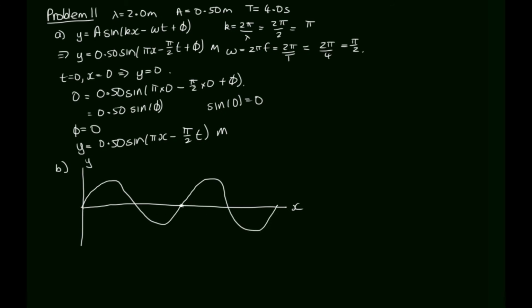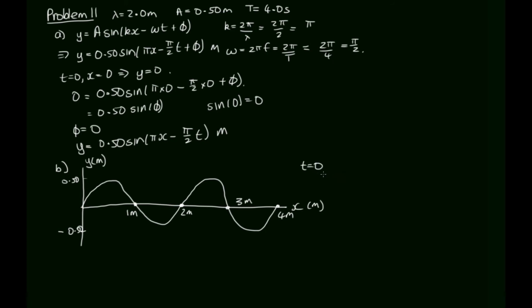This is one wavelength to here, so we know that's 2 meters. This occurs at 1 meter. So this will occur at 3 meters. This will occur at 4 meters. The amplitude, that's the maximum height, is 0.50. We should put that this is in meters, and it goes down to minus 0.50. So that is our wave at t equals 0.